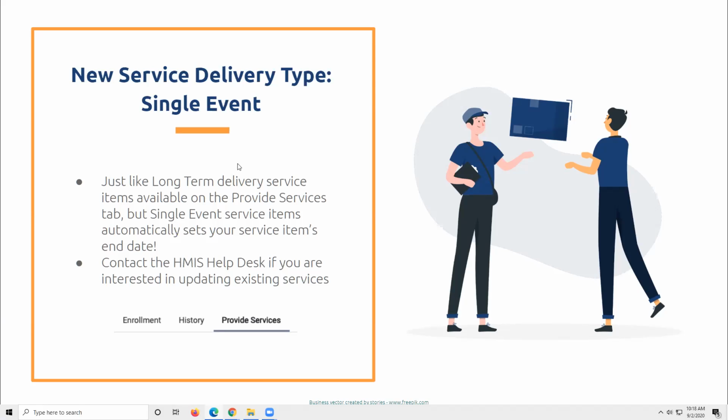So instead of, for rental assistance, if you didn't want to put a start date and end date because they're the same for you, you could just have a single date. If it's a street outreach contact that you made with a client, that's usually only a single date, so you wouldn't want to have to enter a start date and end date for that service.